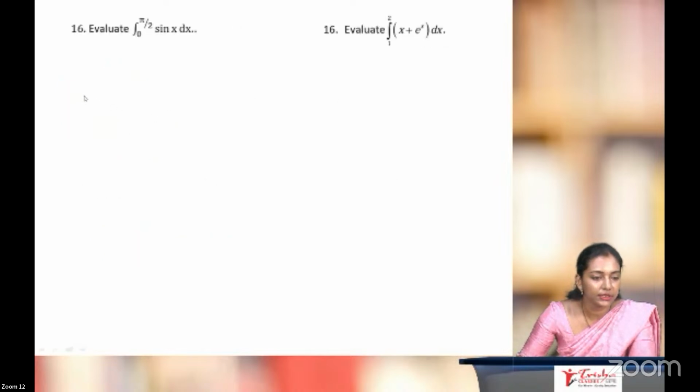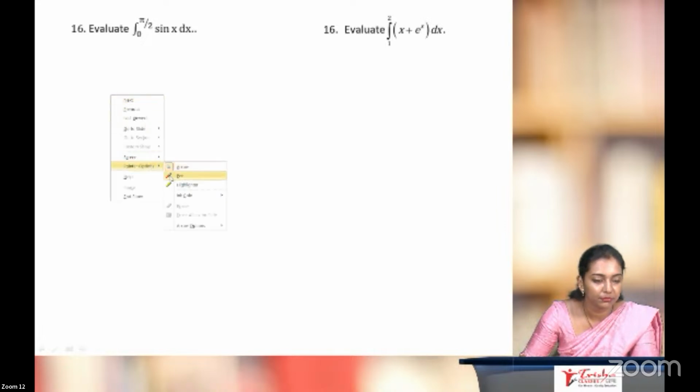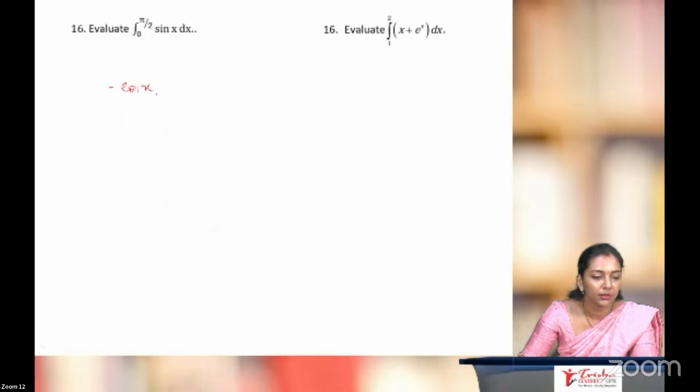Next is the 16th one, evaluate the integral from 0 to pi by 2 of sin x. So from the definite integral, first integrate and then put the limiting values. So the integral of sin x is minus cos x. Now the limiting values 0 to pi by 2.